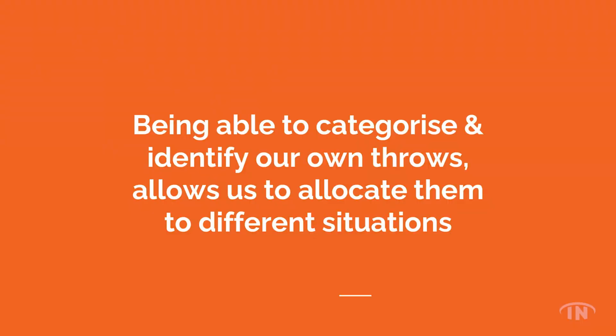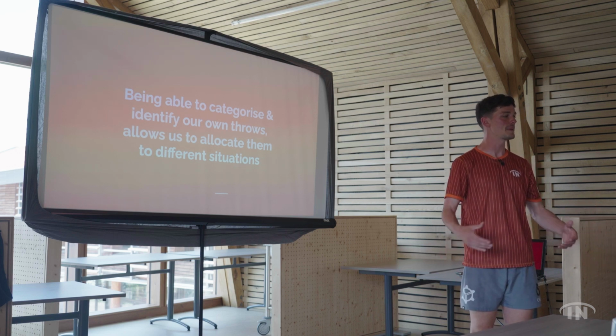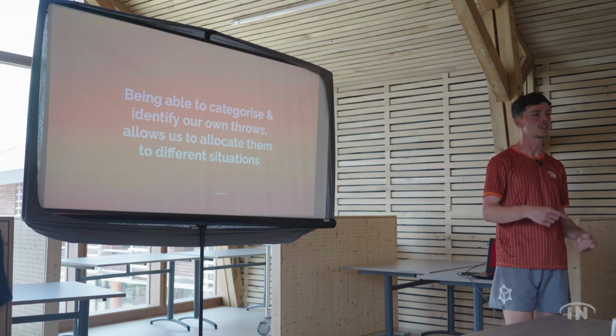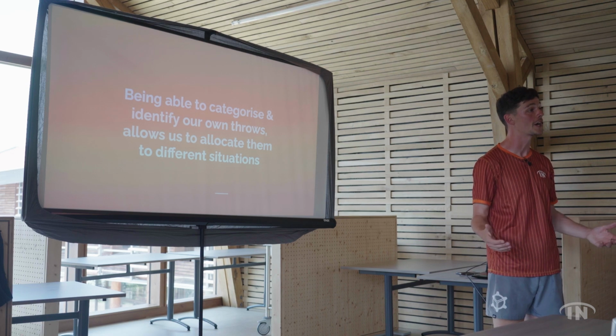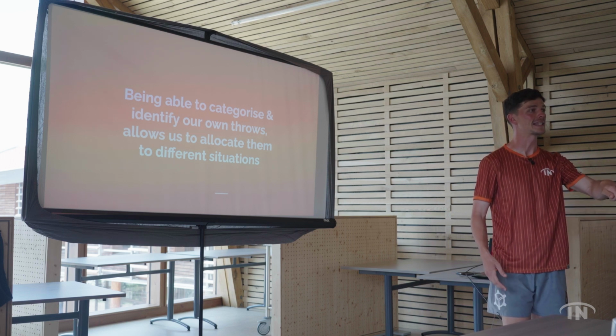So being able to categorize and identify our throws is going to allow us to allocate them to different situations. A lot of the time when someone says, do you have an IO break? To me, that's such a broad question, right? There are so many nuances and so many different types of IO break. To me, a break is a break of the mark, and an IO is an angle of the disc.